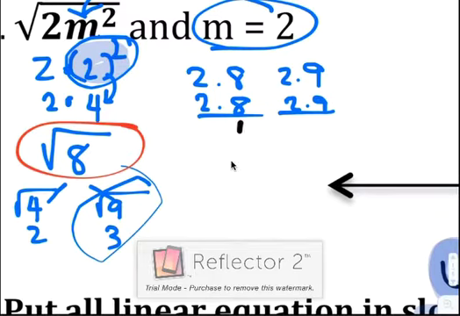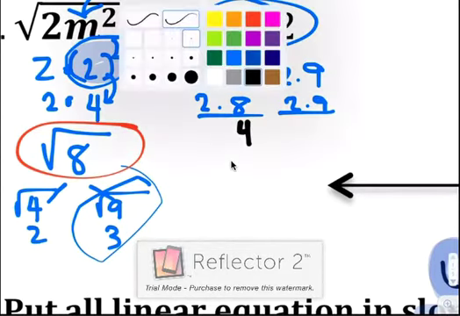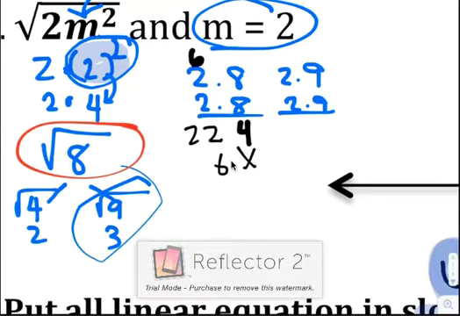I need to see that you know how to multiply. 2.8 times 2.8: 16, 22, 16 carry 1, 5, 7, 86... This one's closer, 2.8.